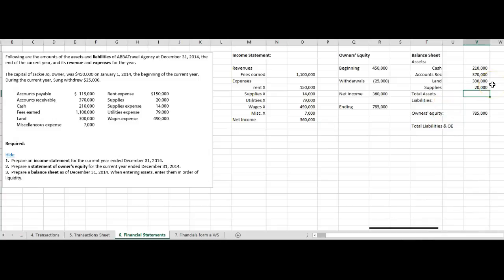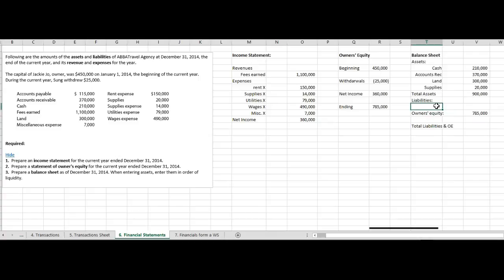And that will give me total assets of, let's see what that adds up to be, $900,000. So that means my liabilities and owner's equity need to add up to $900,000.